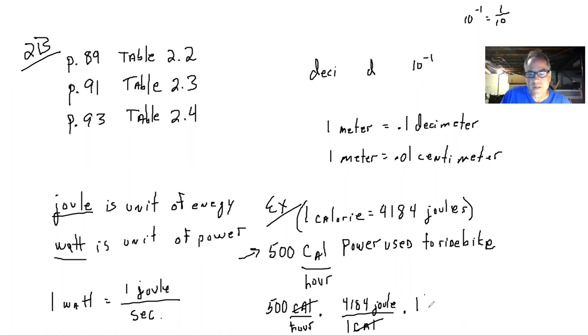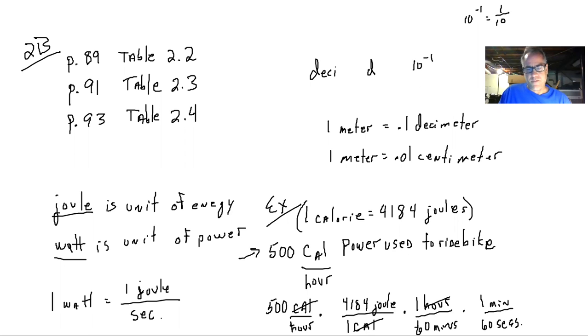So in 1 hour, there are 60 minutes. And then in 1 minute, there are 60 seconds.